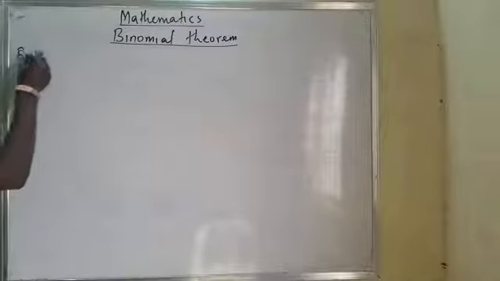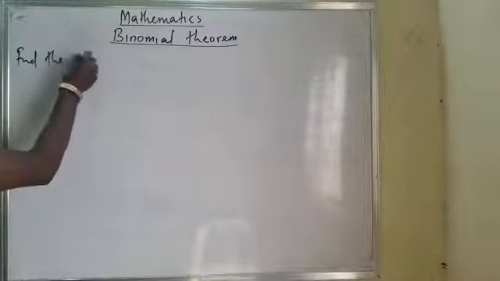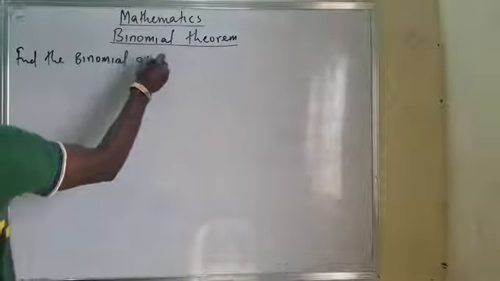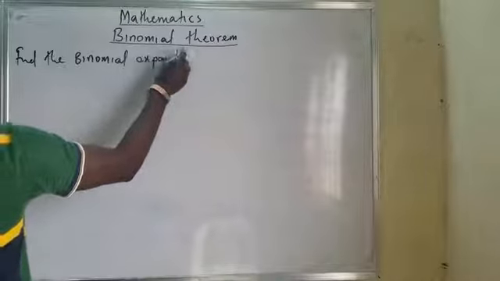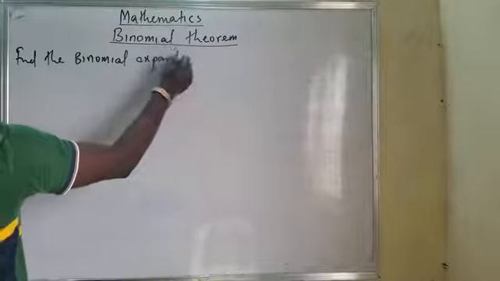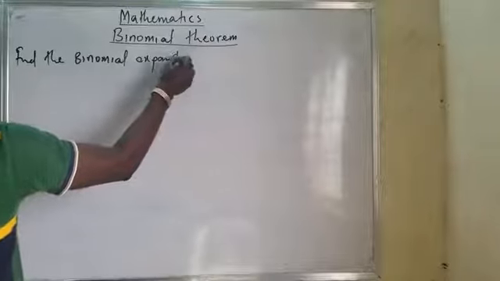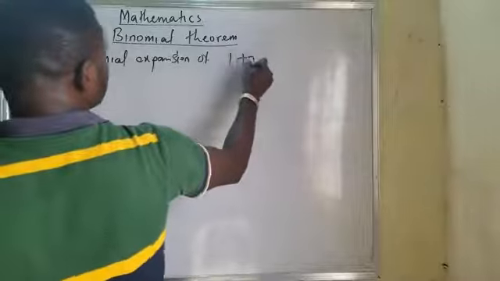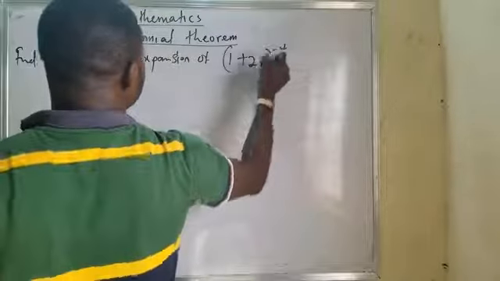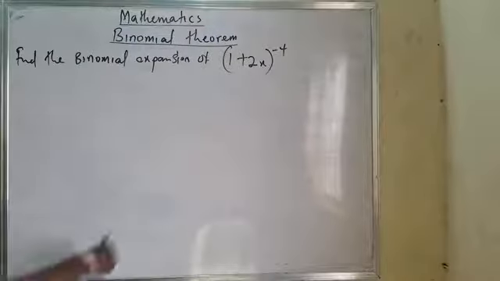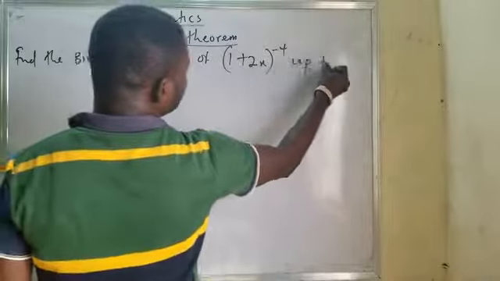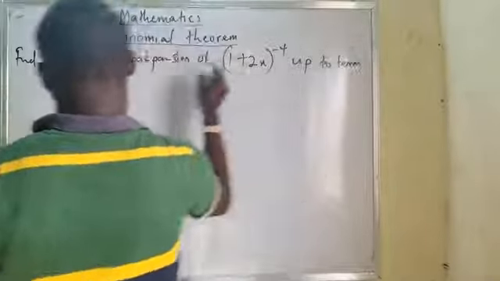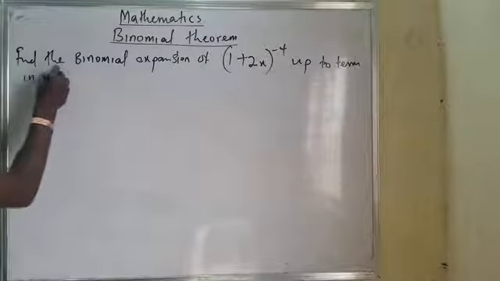Find the binomial expansion of 1 plus 2x to the power minus 4, up to the term in x to the power 3.